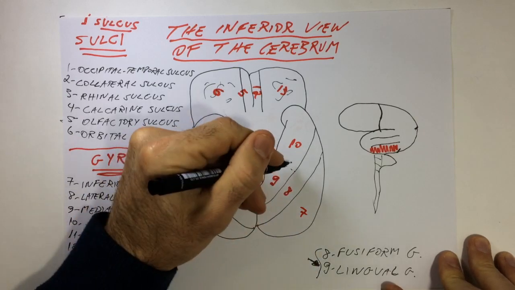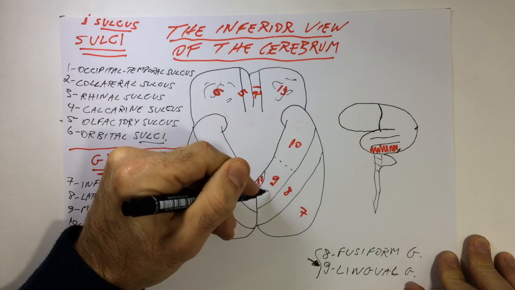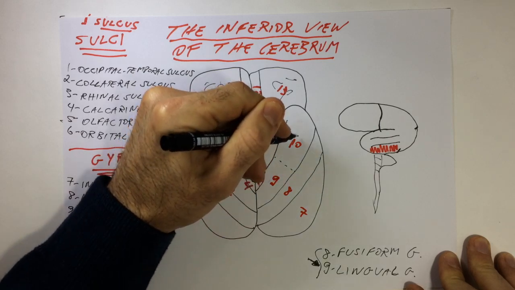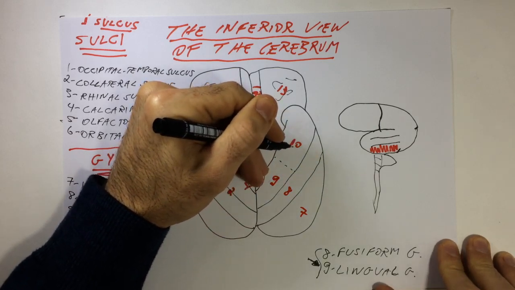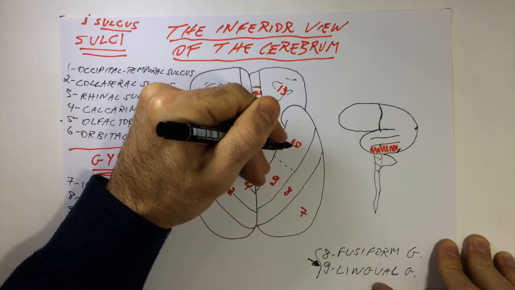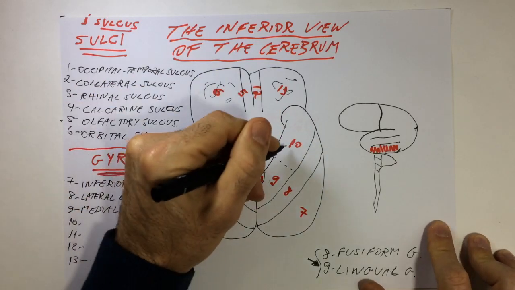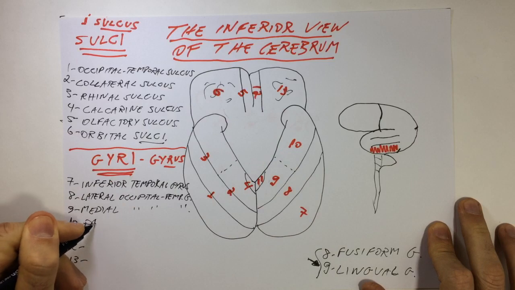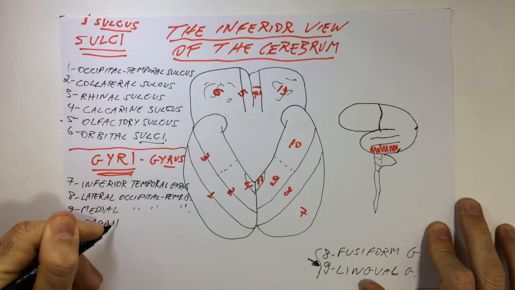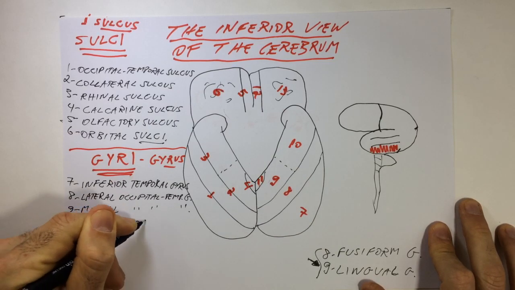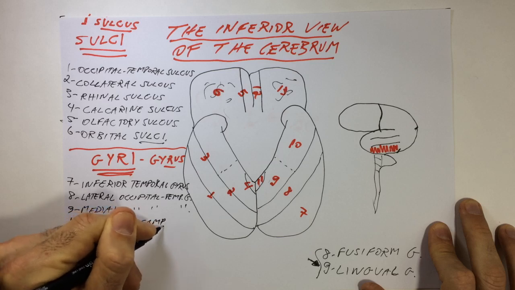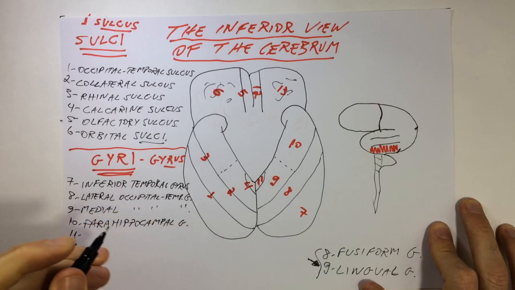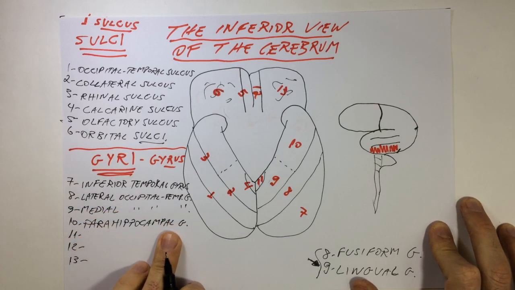Okay, so the lingual gyrus becomes the parahippocampal gyrus. That is number 10. So parahippocampal gyrus.